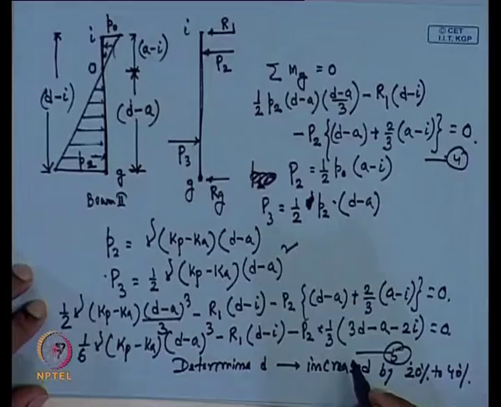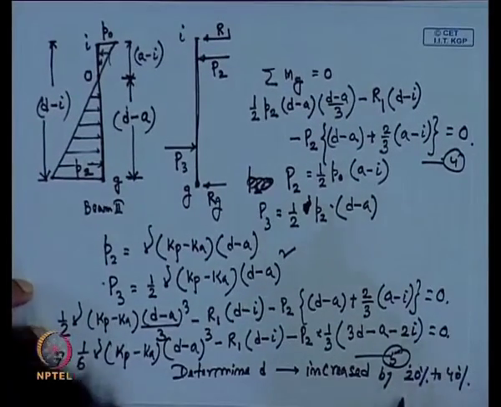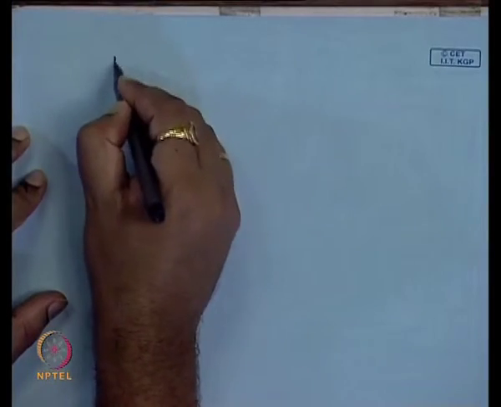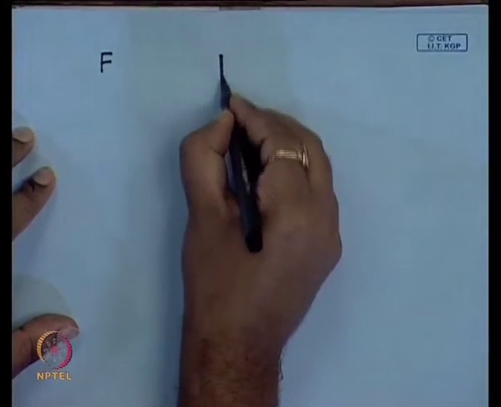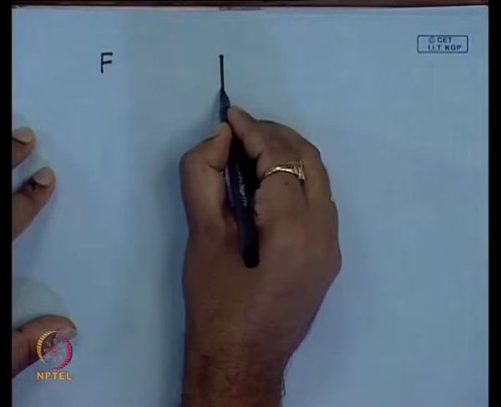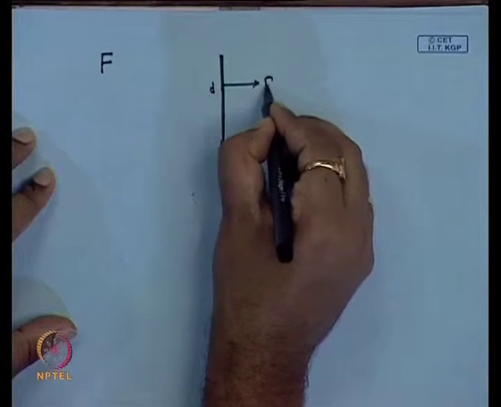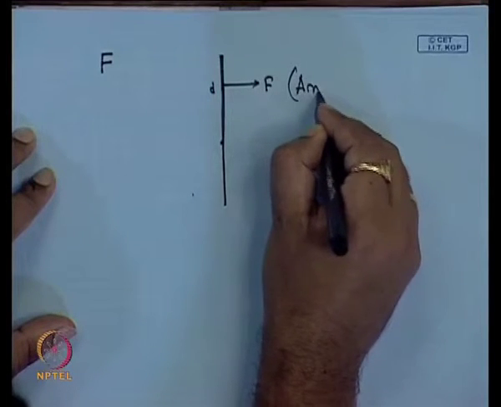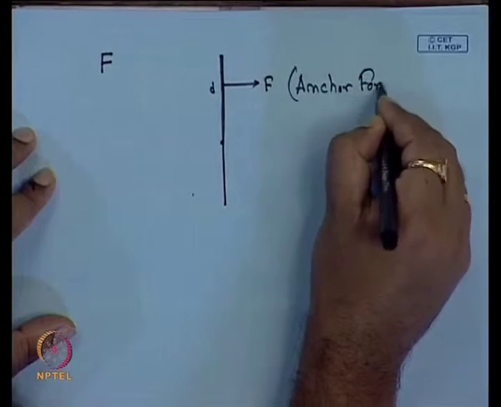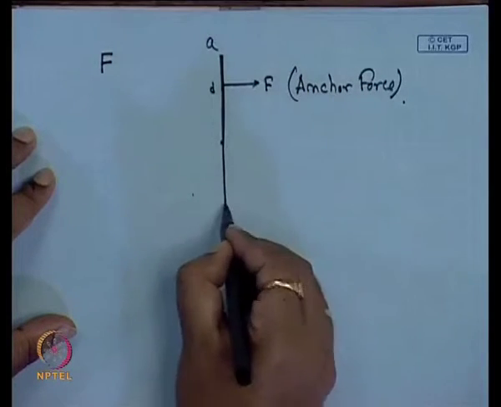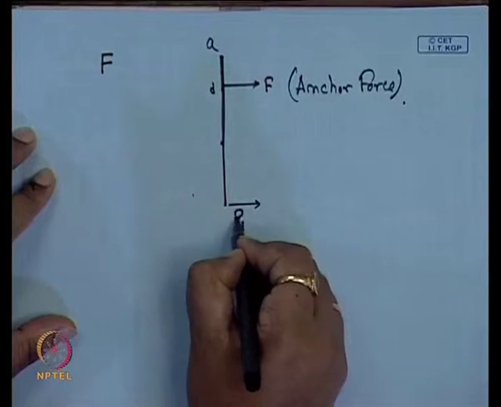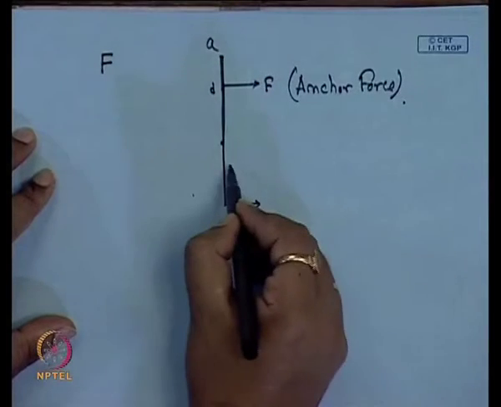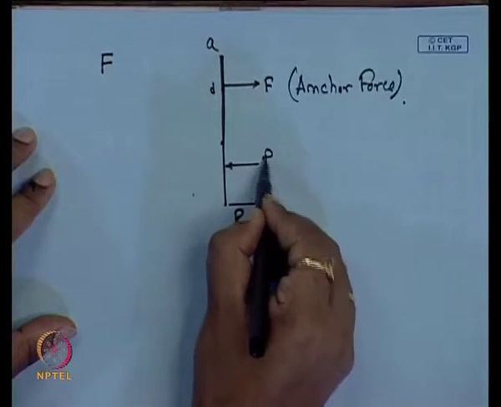So, now this required depth we have calculated. Now, we have to calculate the force which is acting here. So, the force F from this beam 1 we can determine. If I see the beam 1, this is our D position, which is F or anchor force. This is A position, this is the R 1 position, and this is the force P 1 that acts.